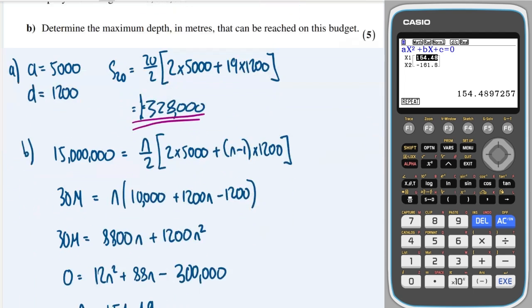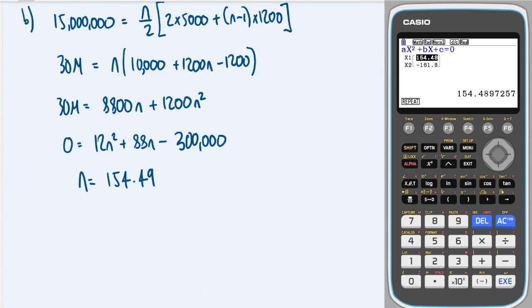So n needs to be multiplied by 10 to get the total depth, which gives me this to the closest meter.